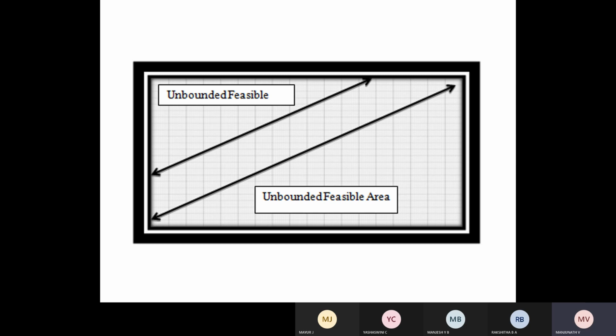On one side it is increasing, the other side it is decreasing. Take this diagram. First line AB, with less than or equal to constraints.